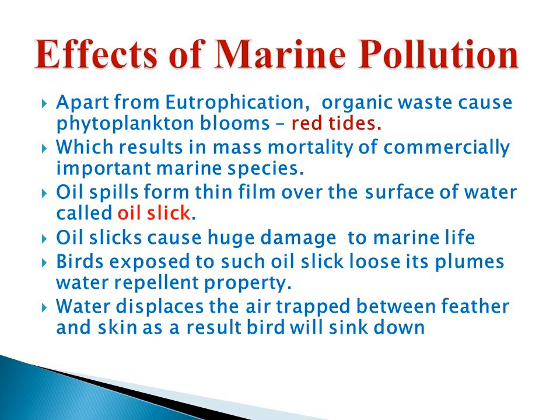And the red tides cause mass mortality of commercially important marine species. For example, fishes cannot survive in red tides because these phytoplanktons get clogged around the gills, the vital respiratory organ of a fish. So the fish cannot survive in red tide areas.